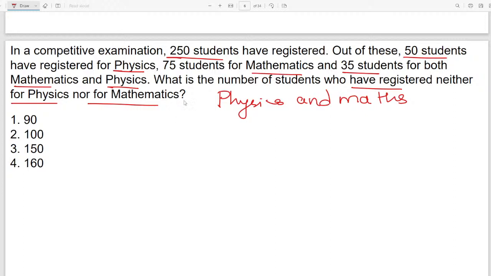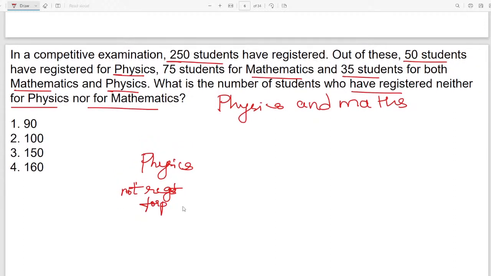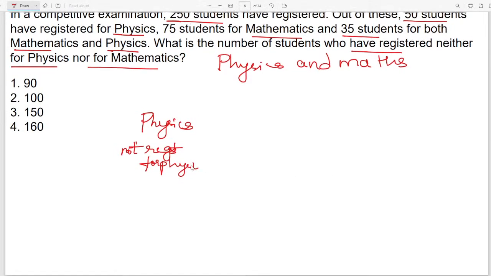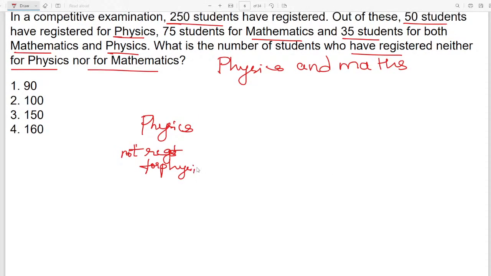So two mutually exclusive items would be people who have registered for physics and people who have not registered for physics. These are two mutually exclusive items.